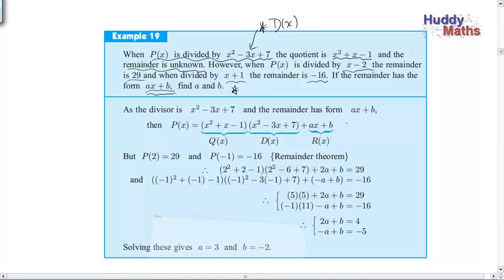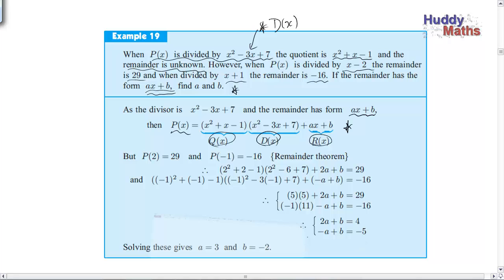So you must write down the most general form for the remainder, and here it is, the division algorithm: x squared plus x take 1, that's the number of times it went, lots of d of x plus the remainder, using that form. Now you might have already guessed, we've been given two things.